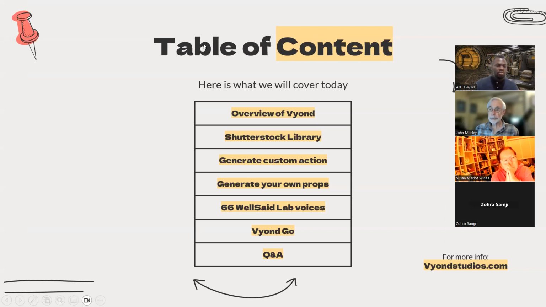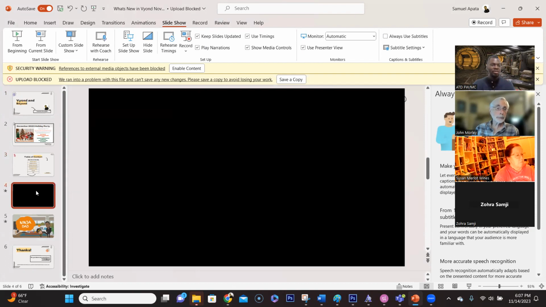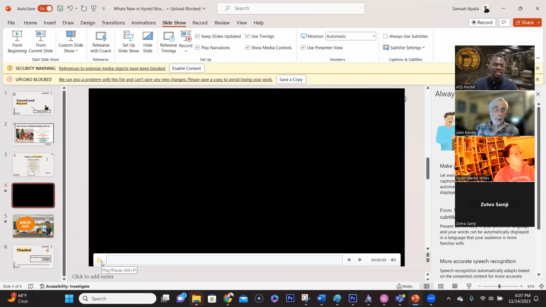So I will jump over to Vyond. Sorry, I'm going to play one or two examples of the way that I've used Vyond just to make us appreciate the program a little bit better.